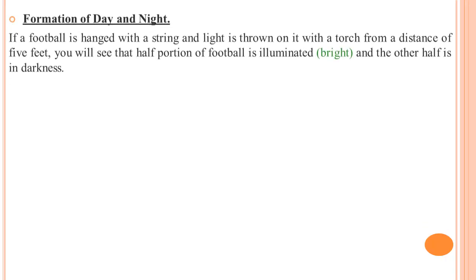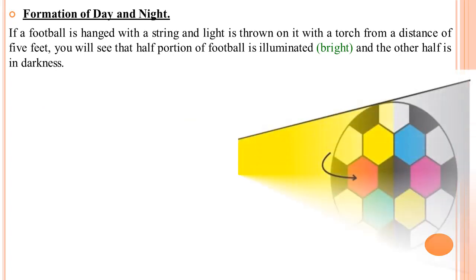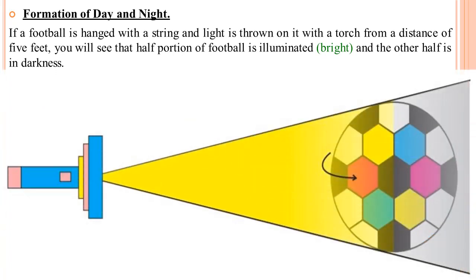Next we are going to discuss the formation of day and night, that is, how day and night change. To explain this phenomenon, there is an example given in your book. If a football is hanged with a string and light is thrown on it with a torch from a distance of 5 feet, you will see that half portion of the football is illuminated.